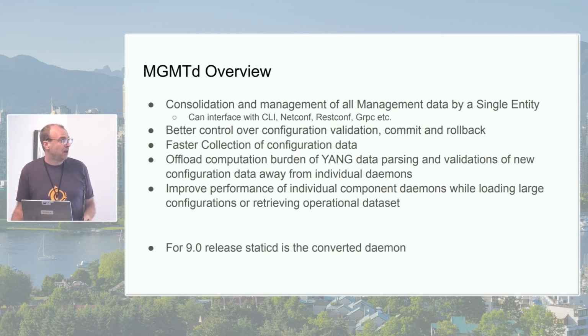It provides commit validation, commit and rollback, so you can roll back to previous versions. And for 9.0, the really big change is that the one that was converted was staticd. In future releases, I know OSPF's coming in, Zebra's coming in soon, as well as RIP. Those are the ones that are being worked on currently to come in next.